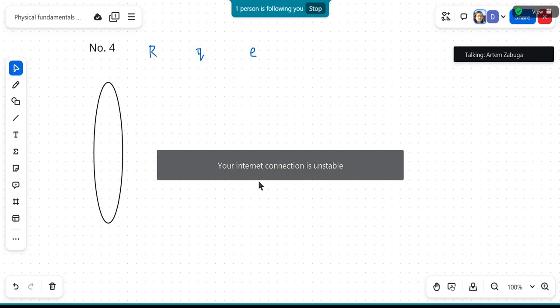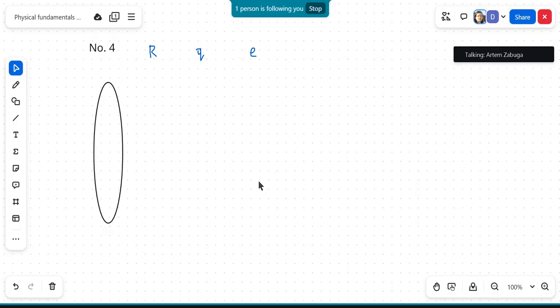This ring is perpendicular to the screen, but we can see it here.